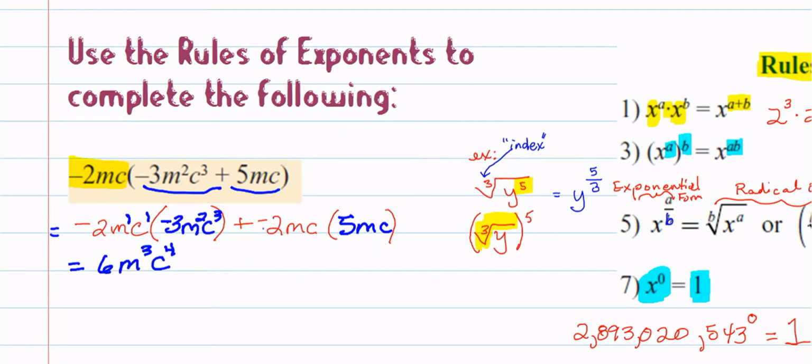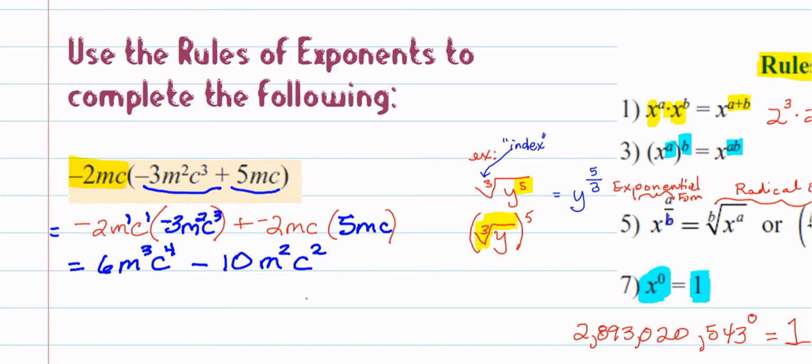Now this whole term is going to become subtraction, or minus, or negative, however you want to look at it. Now, let's just look at the numbers. 2 times 5, 10. M times m squared, or 1 plus 1, is going to be my new exponent, m to the second power. And the c's both have an implied 1, so we have 1 plus 1 for the c as well, for the new exponent.